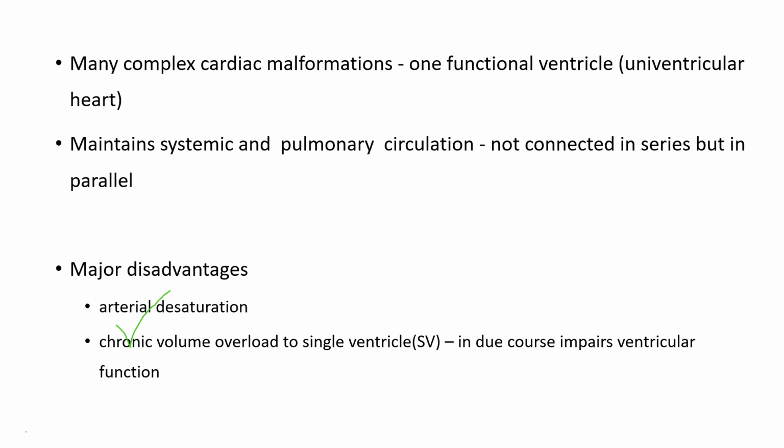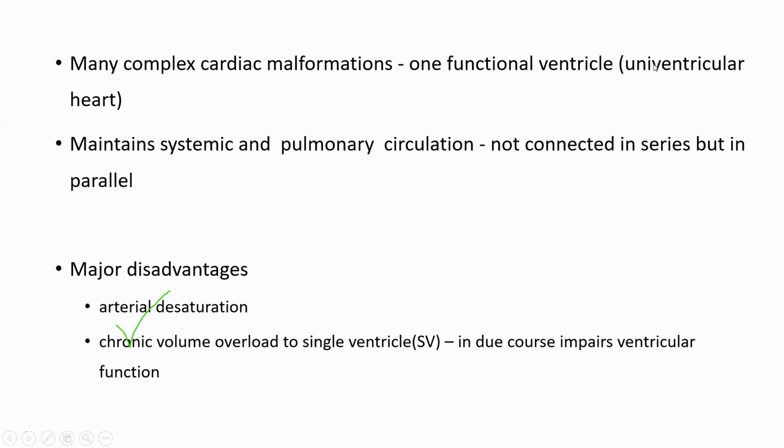When ICR is not possible and only a single ventricle is there, like in hypoplastic left heart, where only the right ventricle is formed, or hypoplastic right ventricle, where only the left ventricle is formed, we can't do a biventricular or complete intracardiac repair. In this case, we go for Fontan physiology or Fontan surgery that maintains the pulmonary blood flow. In subsequent time, we'll see how it maintains the pulmonary blood flow.